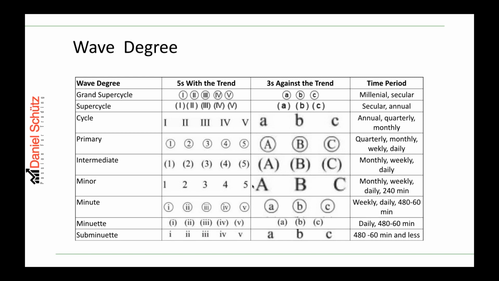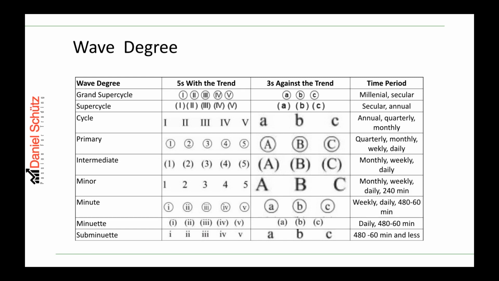So we have everything from decades to minutes represented here. And if we have the 1, 2, 3, 4, 5 and the ABC as I showed you, we are actually in a minor wave degree. That means we're looking at the time period monthly, weekly, daily, or 250-minute chart. That's what we use there.